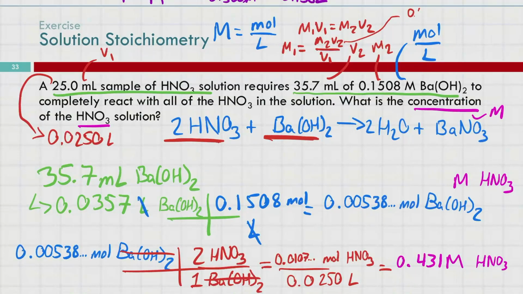So 0.1508 molar times 35.7 milliliters over 25.0 milliliters. The milliliters cancel, so we don't need to convert them from milli. 0.1508 times 35.7 divided by 25. This would give us an answer, an incorrect answer of 0.215 molar.